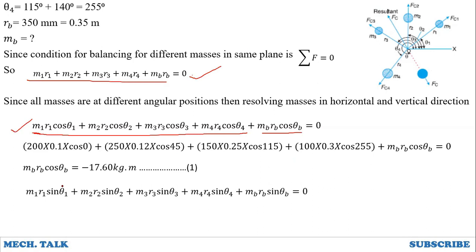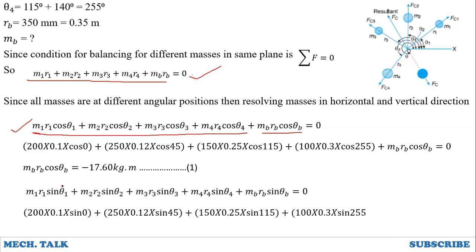Again we will put the values of mass, radius, and angular position, and by this we will find the value of mb rb sin theta b. So from this we have mb rb sin theta b equals minus 26.21 kg meter. This is equation number 2.